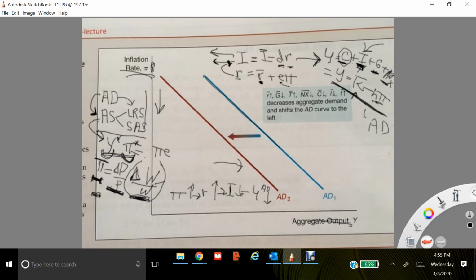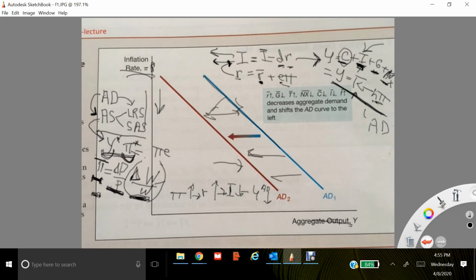So when any of these factors change, the ones I've stated, let's say if any of them went down, that would result in less aggregate demand at any interest rate, okay?